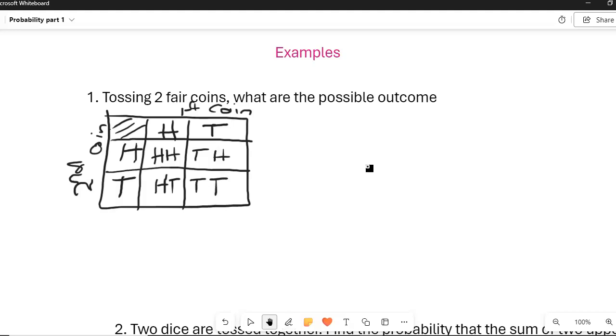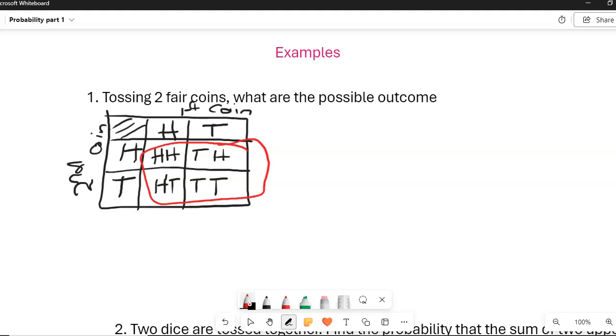Those are our possible outcomes if you toss two coins: head-head, tail-head, head-tail, tail-tail. So we have 4 outcomes.